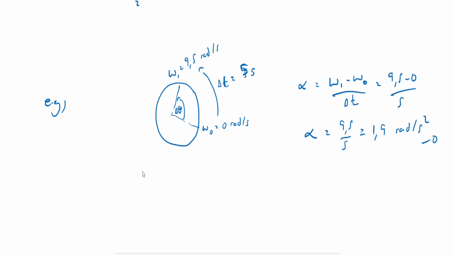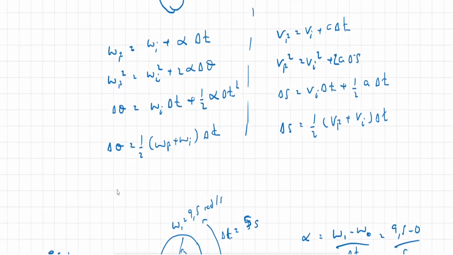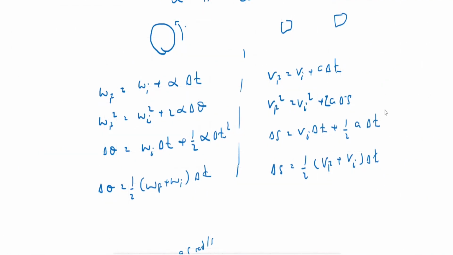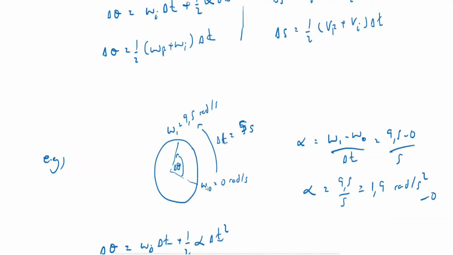Now that I have that, I can find the displacement if I want to. I could use different equations in this case because I know alpha. So I could just say 0 times delta t plus half alpha, since I know this now, times delta t squared. Did I put the delta t squared here? I had a feeling that I forgot something. There should be a square there. I sometimes forget it.